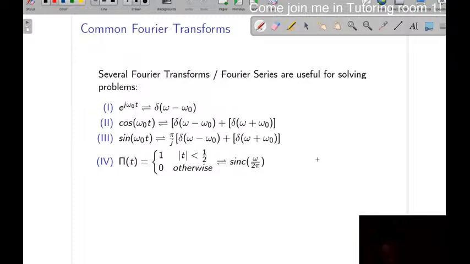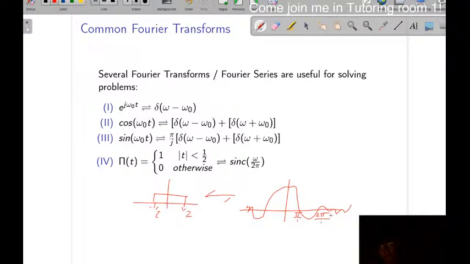So if we have the time domain signal that's a box, standard unit, from 1/2 to -1/2, this gives us a sinc function. It's going to look kind of like that, and it's going to have the zeros at multiples of 2 pi over 1.